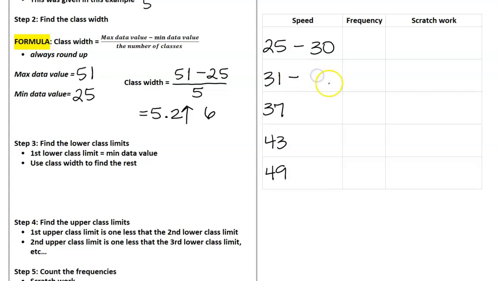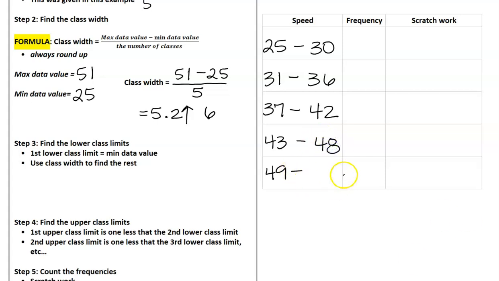So I will subtract 1 from 37 to get 36, and we will continue in the same manner. If the fourth class starts at 43, then the third class must have ended at 42. If the fifth class starts at 49, then the fourth class must have ended at 48.